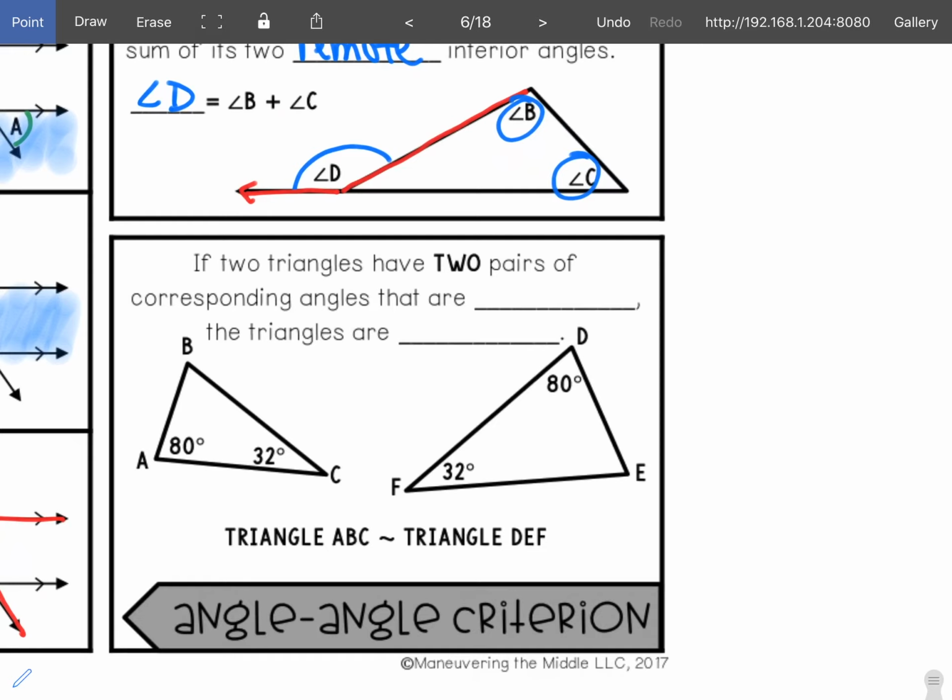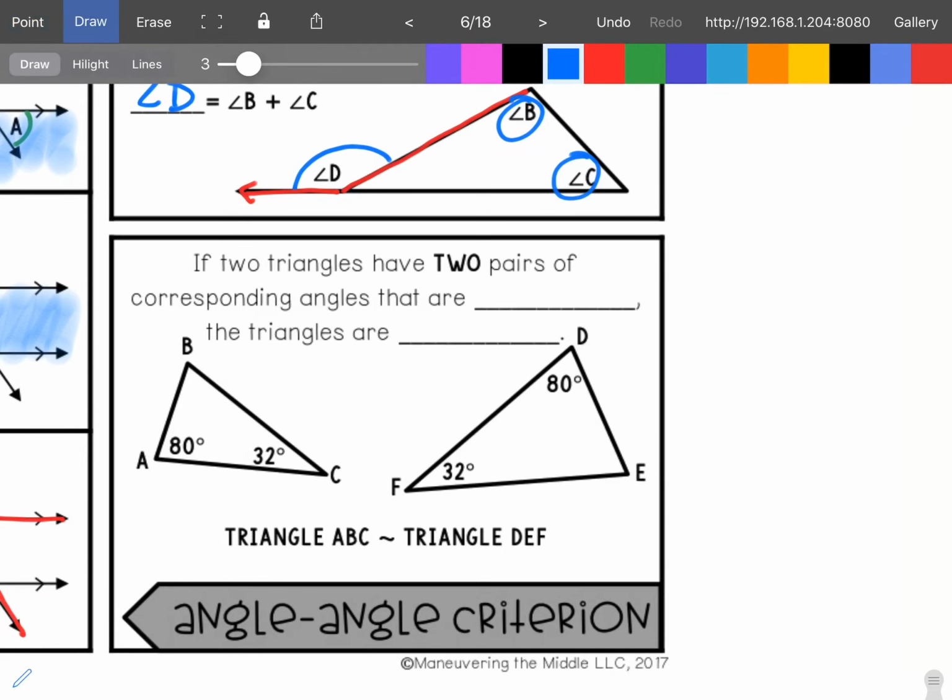All right, if 2 triangles have 2 pairs of corresponding angles that are congruent, the triangles are similar. We would not necessarily say that they're the same, because I think you can tell that one looks a little larger than the other.